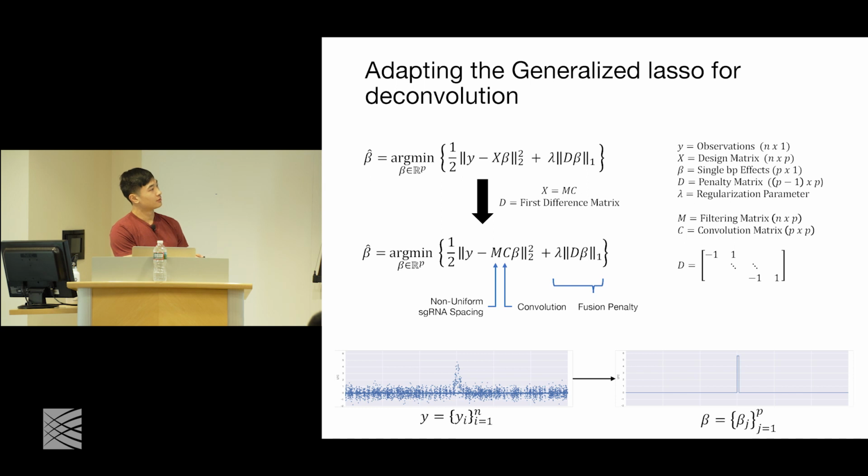Yes, yeah. So as this lambda trends towards infinity, the standard lasso would essentially shunt every beta to 0. But you can think about the fusion penalty, which is encoded in the first difference matrix, as a single stretch of betas at the same value, the mean of all your guide RNA scores.